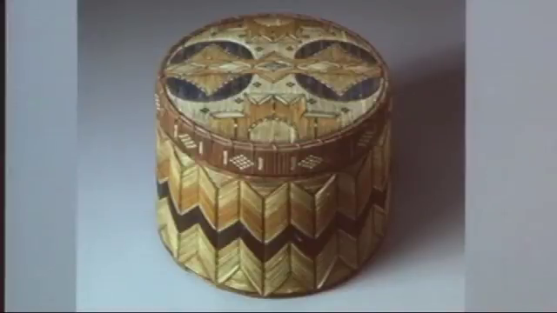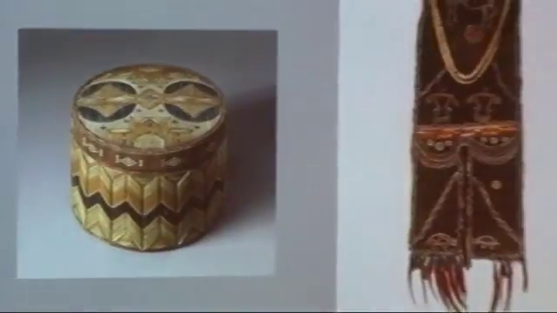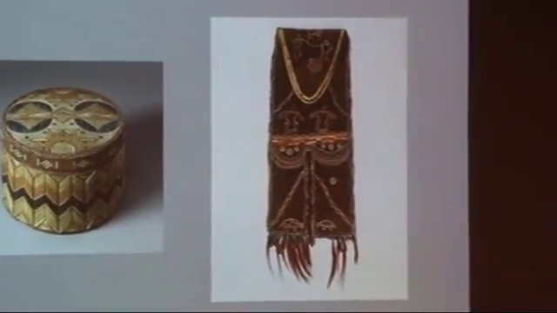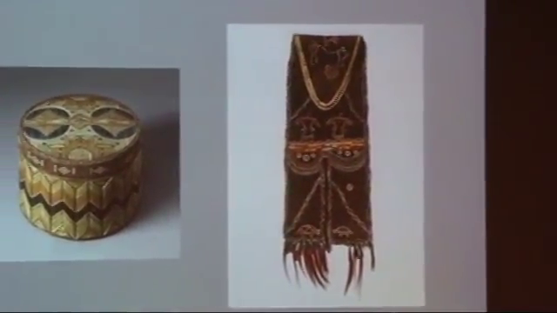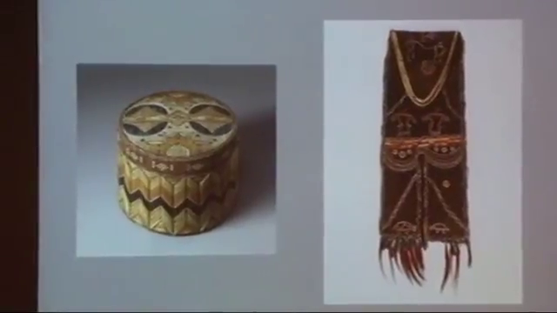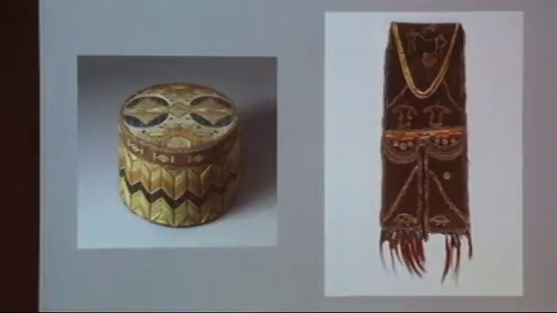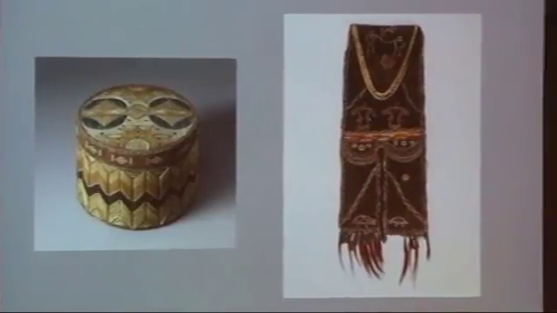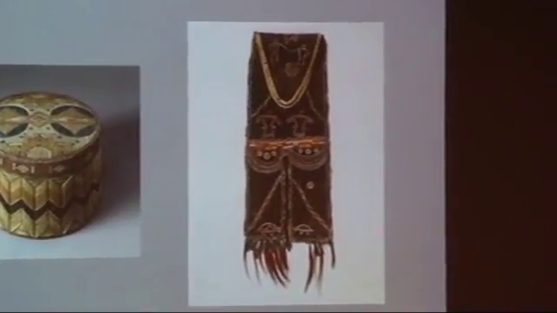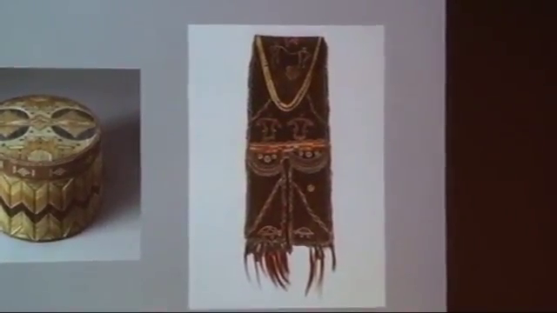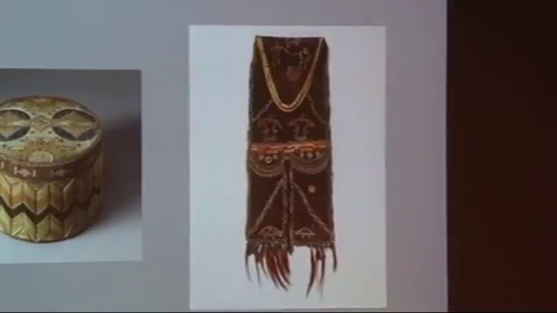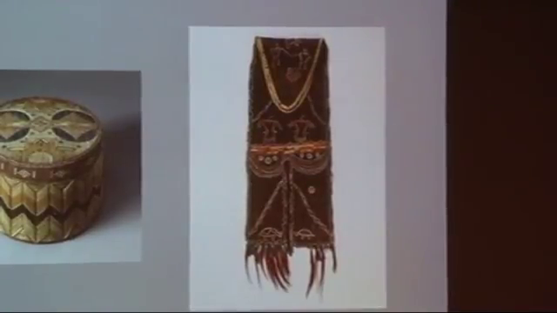On your right is another key piece in the woodland area, and we call it a tab bag. If you look at the broad band, this is porcupine quill work on black dyed hide.